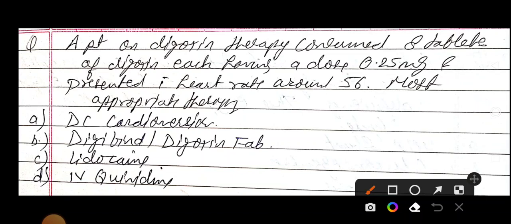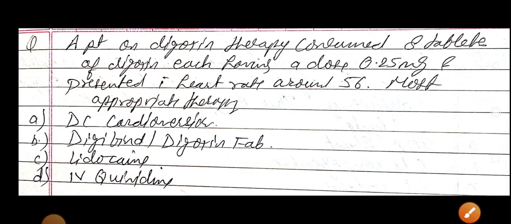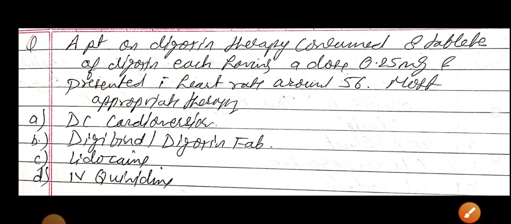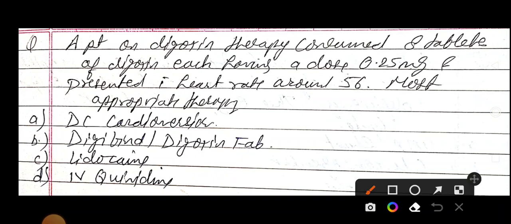Okay, so if lidocaine is present in the options, we go with lidocaine. But here lidocaine is not in the options, so we use amiodarone.